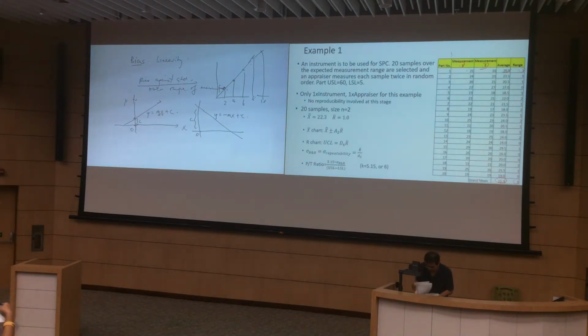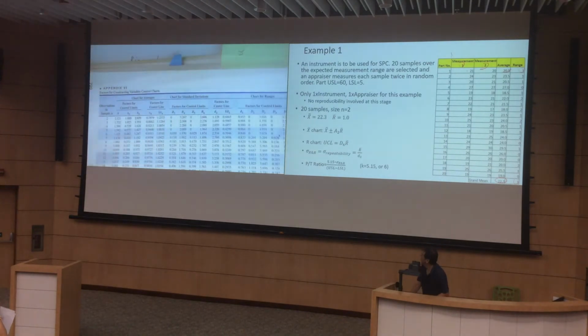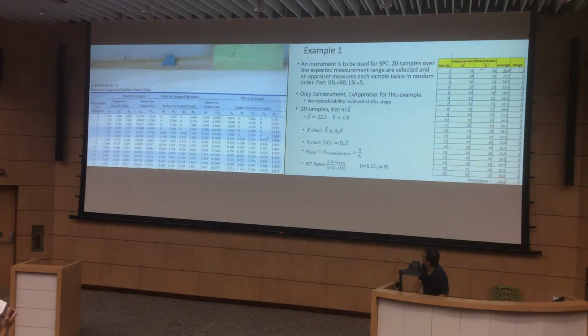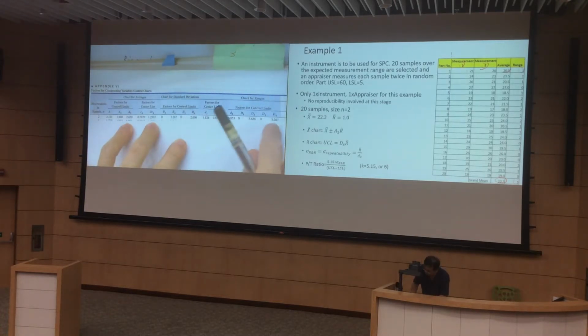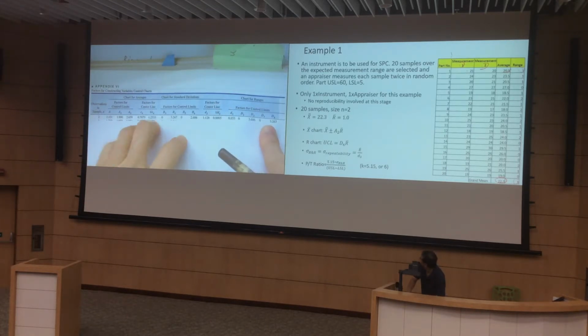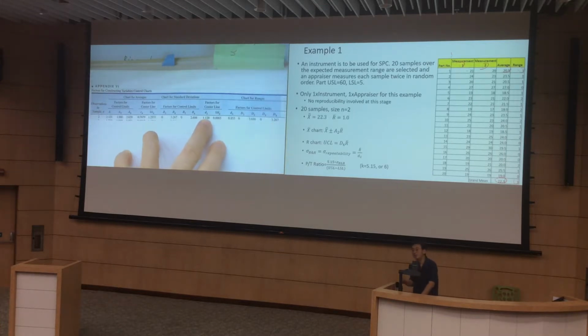So you can get these from the chart. So n equal to 2, our D4 is 3.27, and D2 is 1.28.